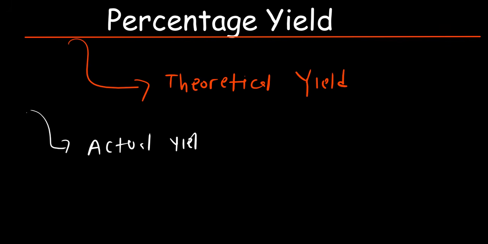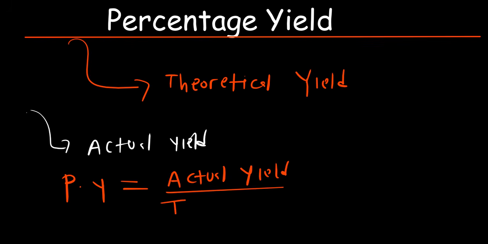Now, the formula that is going to help us find the percentage yield will be the actual yield divided by the theoretical yield multiplied by 100%.